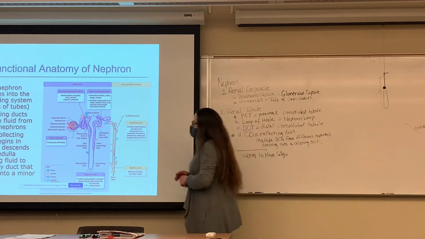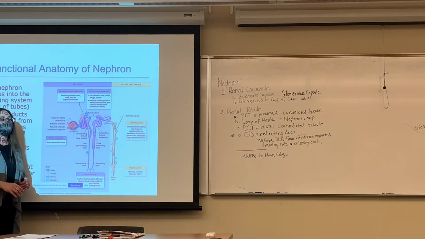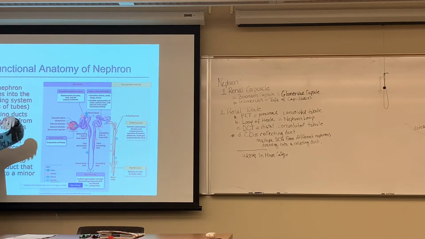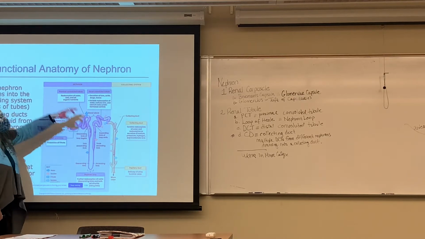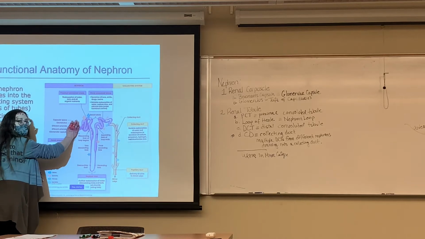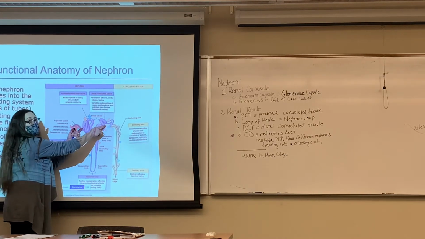Okay, now, if we think about where this nephron is, I said we're gonna start up in the cortex, and then we're gonna dip down into the renal pyramid twice. I'll show you on another image in a minute, but the corpuscle is in the cortex, the PCT and the DCT are in the cortex.